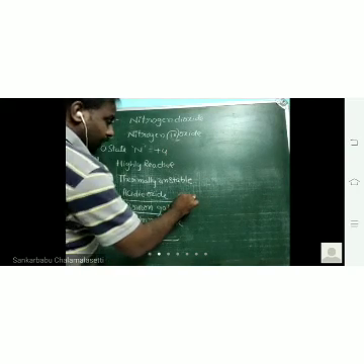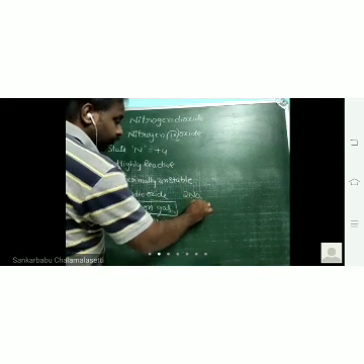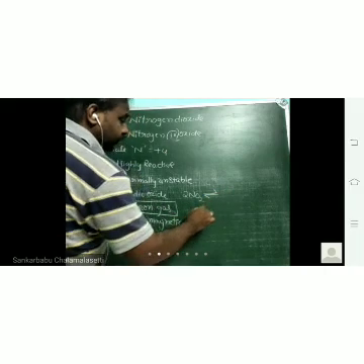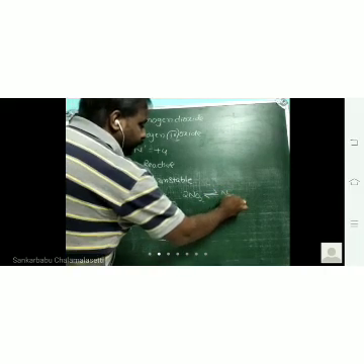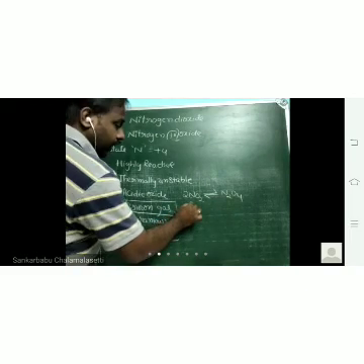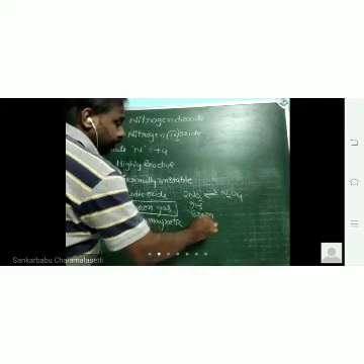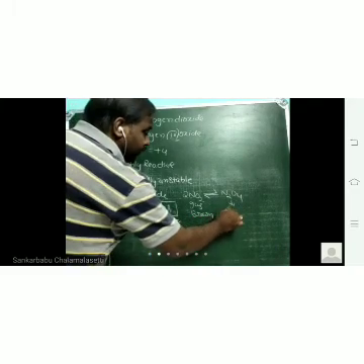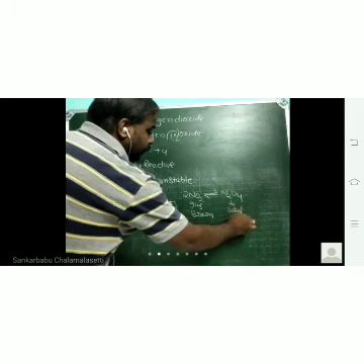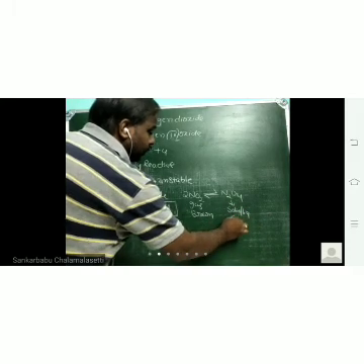And one more important point here: it is a brown colored gas. This gas NO2 is in equilibrium with N2O4. NO2 is a gas and it is brown color. N2O4 is either solid or liquid and it is colorless.